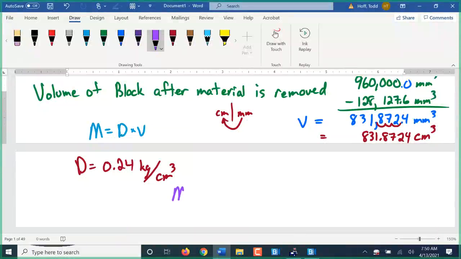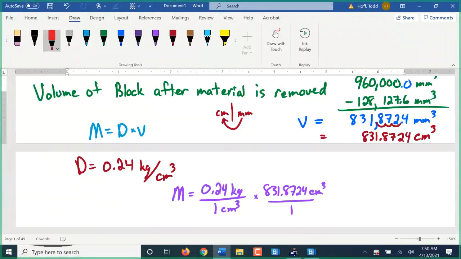So our mass is our density of 0.24 kilograms. Now I'm going to write this as 0.24 kilograms over 1 centimeter cubed because that's what it really means. And the reason I'm going to write it like that is now I'm going to multiply it by 831.8724 centimeters cubed, over 1. And you'll see what happens if we do a little dimensional analysis working with our units. Basically, this is like our measurement conversions that we did last semester.